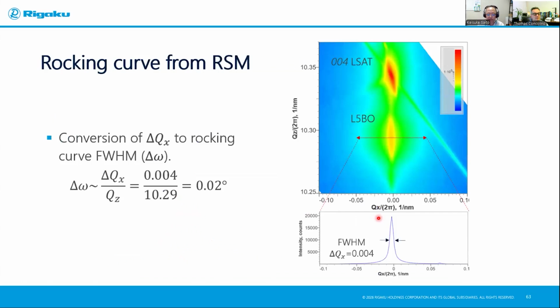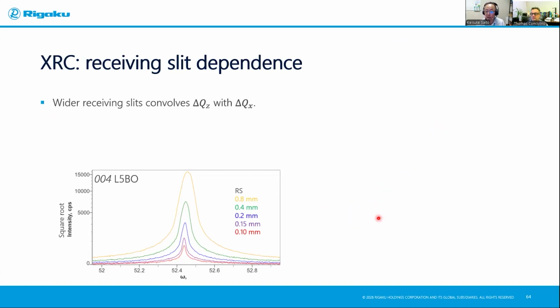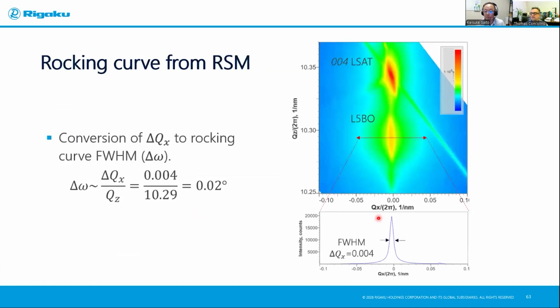It is exactly the same delta omega information extracted from the reciprocal space mapping. That suggests that when you measure the rocking curve on the film, we need to pay attention to the receiving slit. The receiving slit needs to be as small as possible if you are just interested in mosaicity. Otherwise, you are seeing the delta QZ.